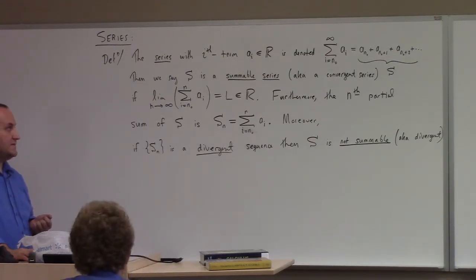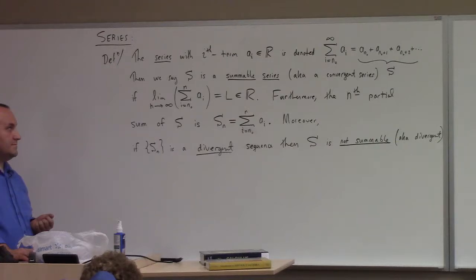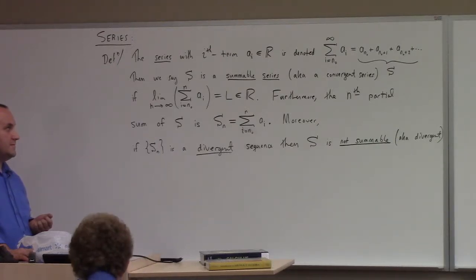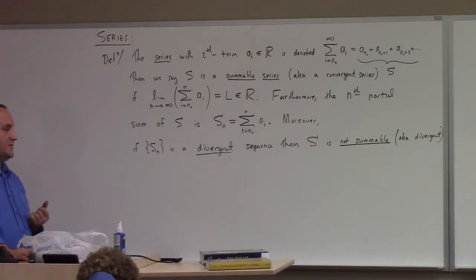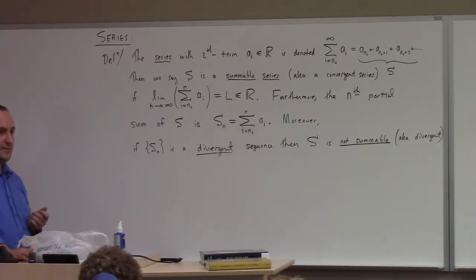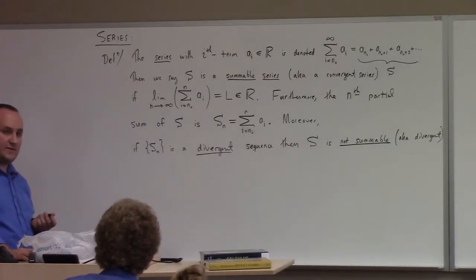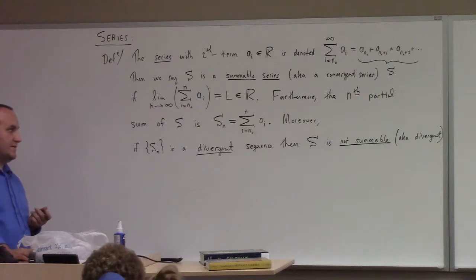The convergence for a series with ith term a sub i is different than the convergence for a sequence with ith term a sub i. Actually, whether or not the series is summable is judged by the convergence of the sequence of partial sums.